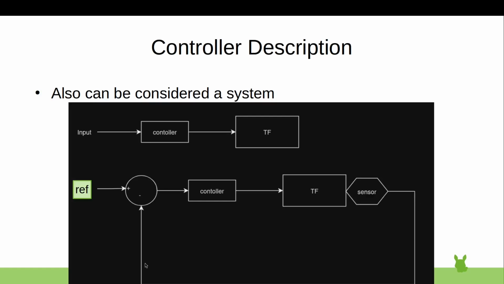It's taking the feedback signal, the error signal, and then it creates another signal to tell how the system should move to minimize the error, usually.